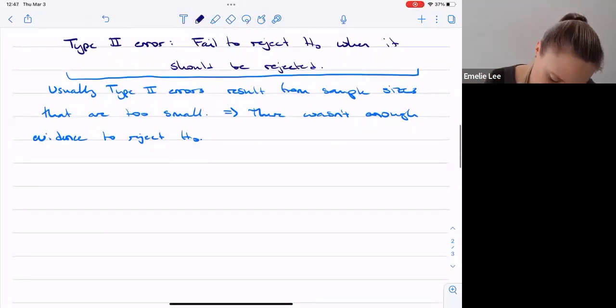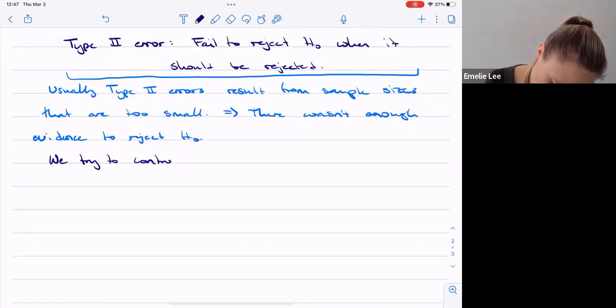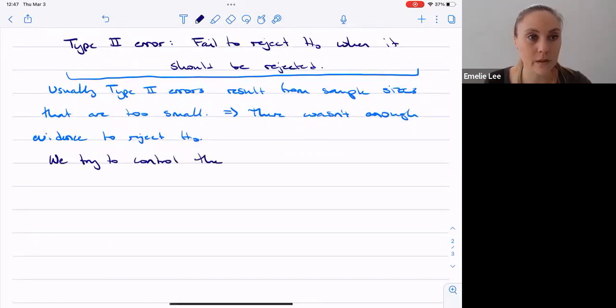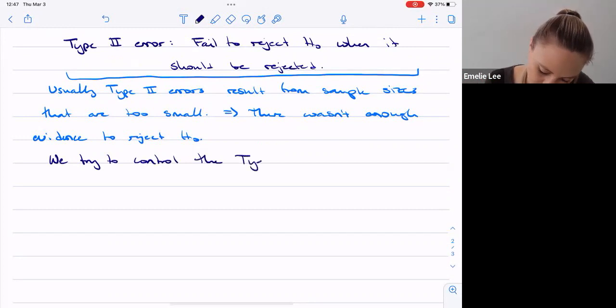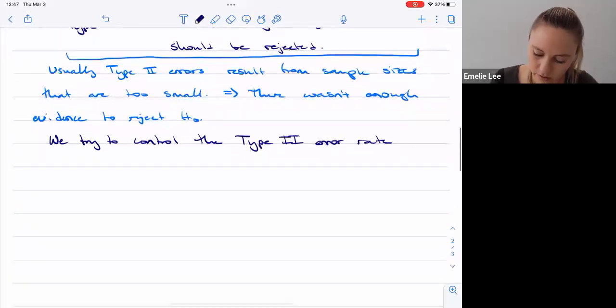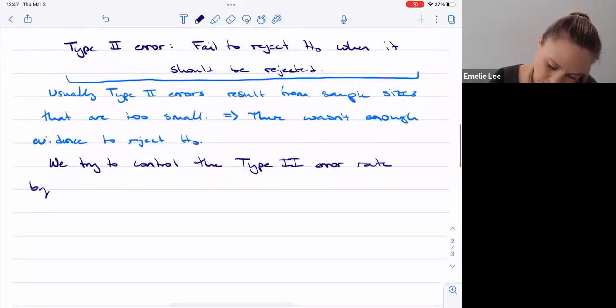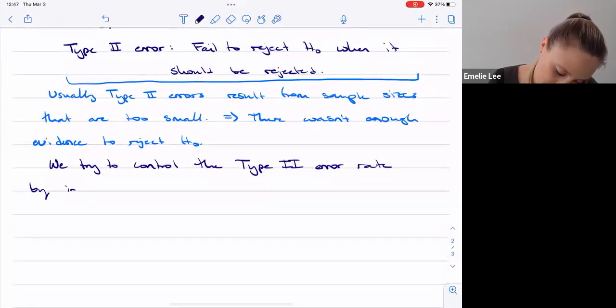And so we try to control the type 1, or sorry, the type 2 error rate by increasing our sample size.